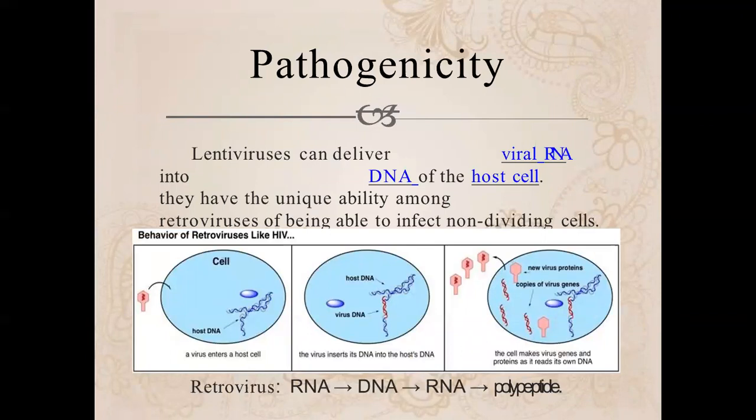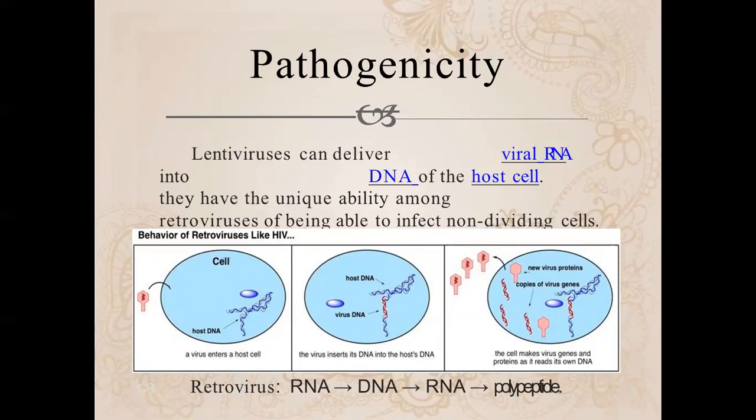Coming to the pathogenicity, the lentivirus, which is a retrovirus, can deliver viral RNA into the DNA of the host cell. First it enters inside, and after entering, it delivers RNA into the DNA of the host cell. Lentiviruses have the unique ability among retroviruses of being able to infect non-dividing cells.